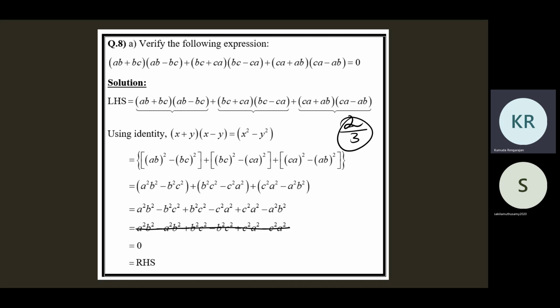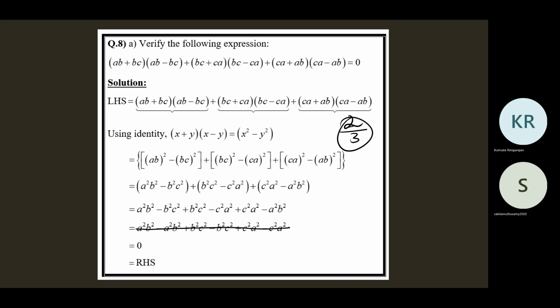You should simplify. And also you've written A is AB square, B is BC square.